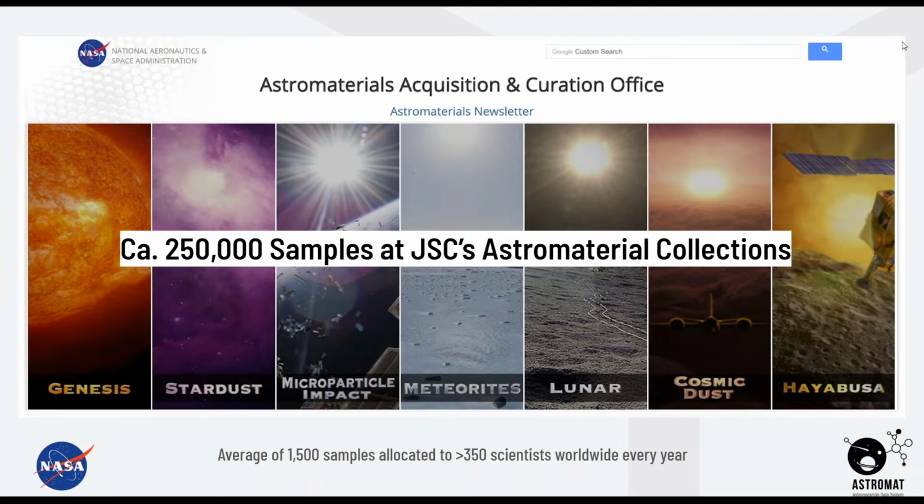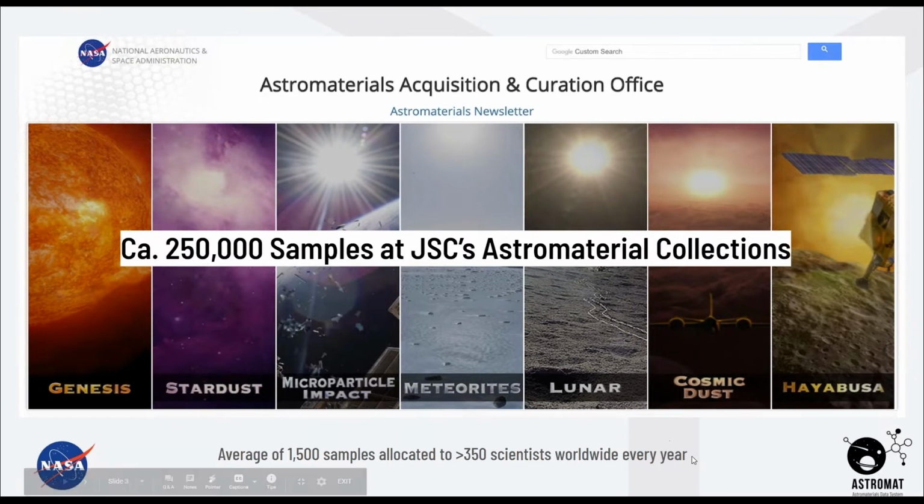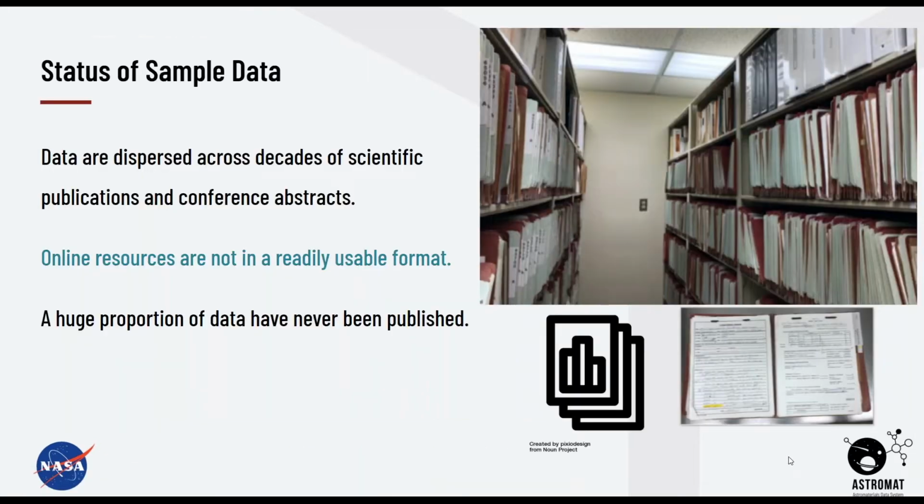And these samples are in active use all over the world, lots of samples being distributed every year. I guess last weekend had the CAPTEM meeting to decide on the next bunch of sample allocations.